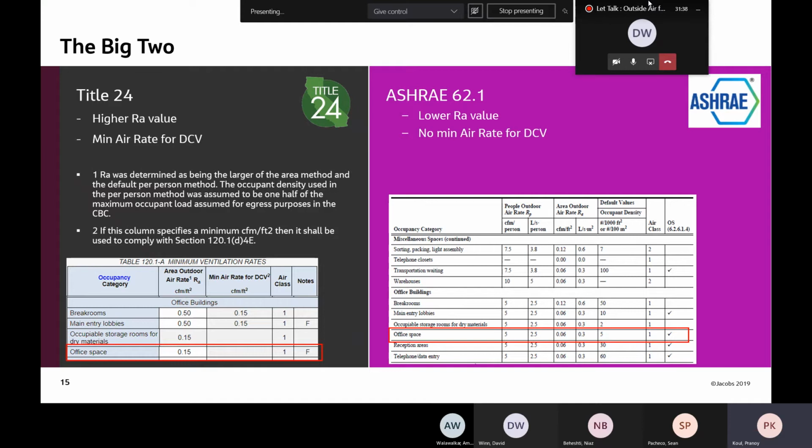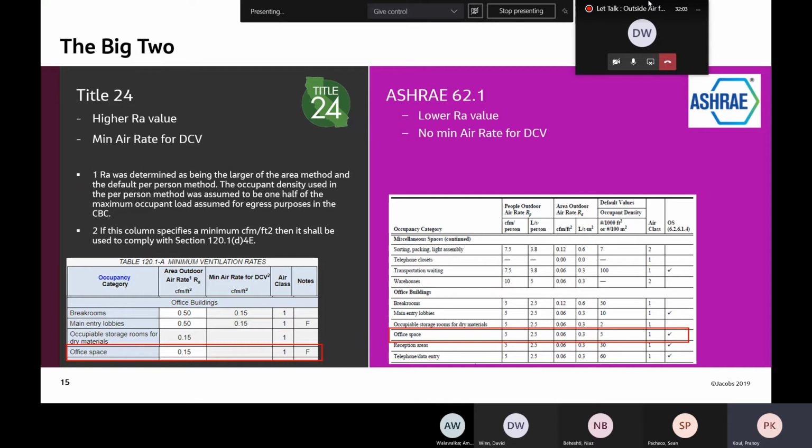So that is something which I noticed, which is a discrepancy, and I wanted to put this out here for you guys to understand that there's a difference in the information. Title 24 has a higher Ra value, which is again the outdoor airflow rate per unit area, and ASHRAE has a lower Ra value. ASHRAE also does not have any minimum air rate for demand control ventilation in this table.